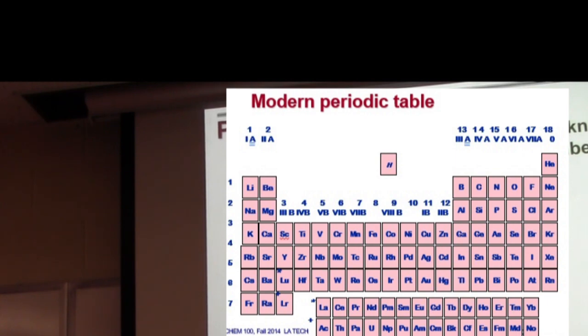This group is called the lanthanides, the actinides, and these groups don't have specific names, but they have similar chemical properties. So the whole idea is classifying elements to show their similarity.